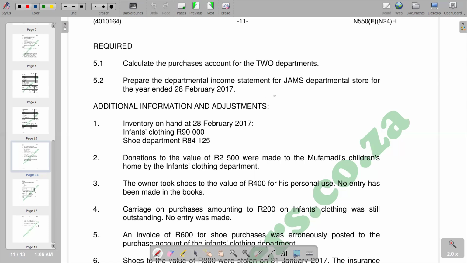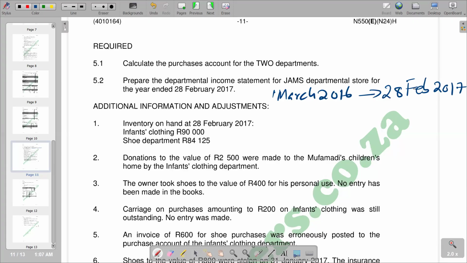So basically, this is going to be our financial period, starting from 1 March 2016 to 28 February 2017. So if there's any calculation that needs us to refer to the financial period, you can easily refer back.